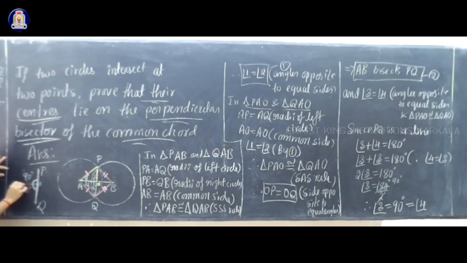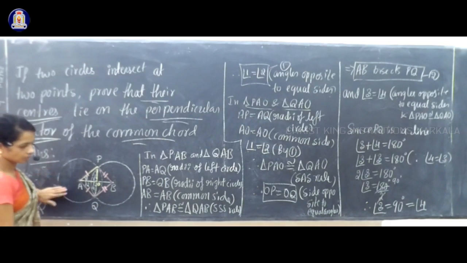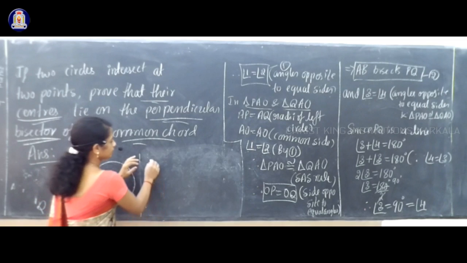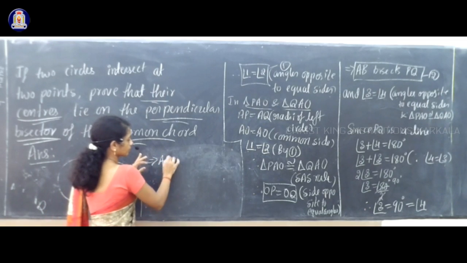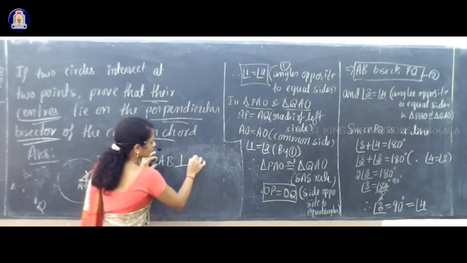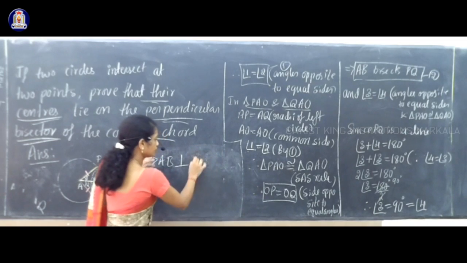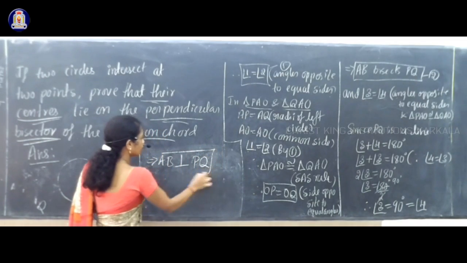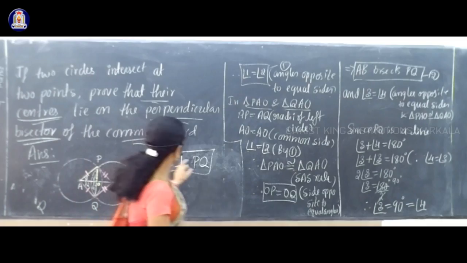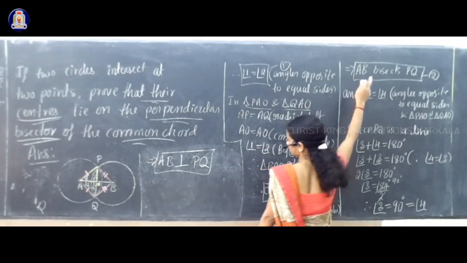So this line AB is the perpendicular of PQ. That implies AB is perpendicular to PQ. Now AB is perpendicular to PQ and AB bisects PQ.